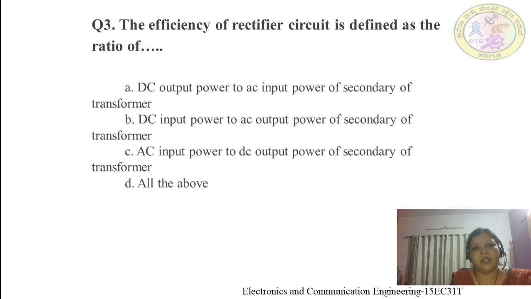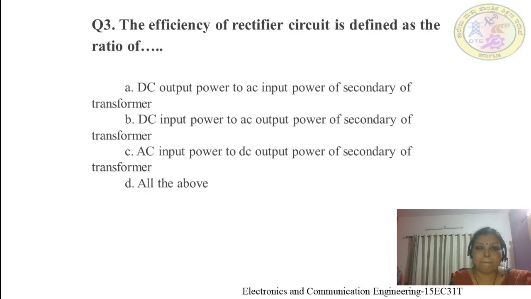So here, the efficiency of a rectifier circuit is defined as the ratio of: A, DC output power to the AC input power of a secondary of a transformer; B, DC input power to the AC output power of a secondary of a transformer; C, AC input power to the DC output power of a secondary of a transformer; or D, all of the above.